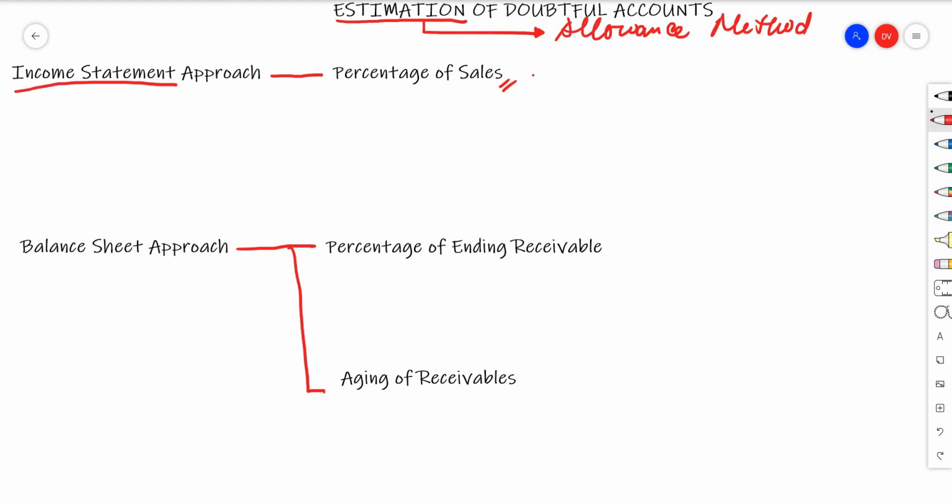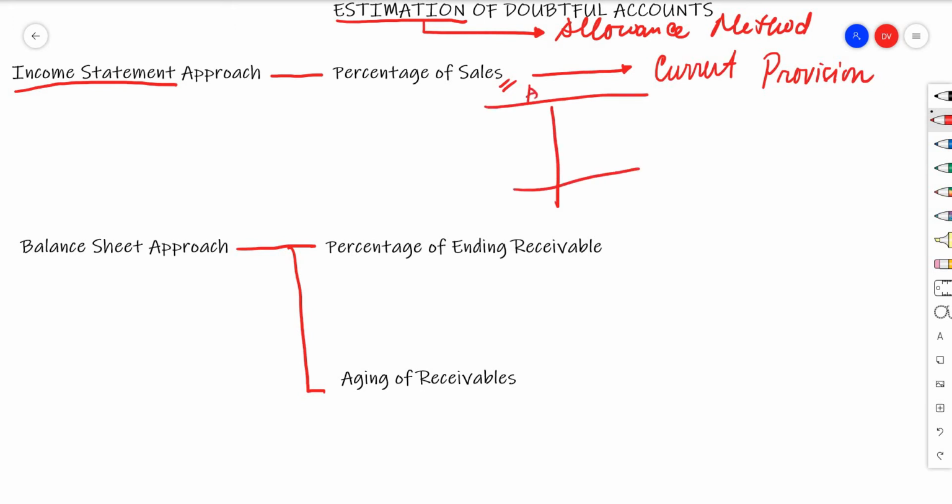Okay? And when you get this, in percentage of sales, when you multiply the percentage to the sales, what you get is the current provision. So, in the T account of allowance for doubtful accounts, we have beginning, we have write-off, we have recovery, and then we have doubtful accounts expense.